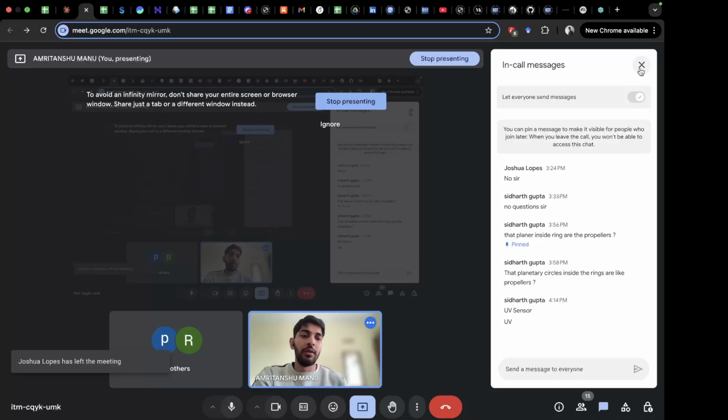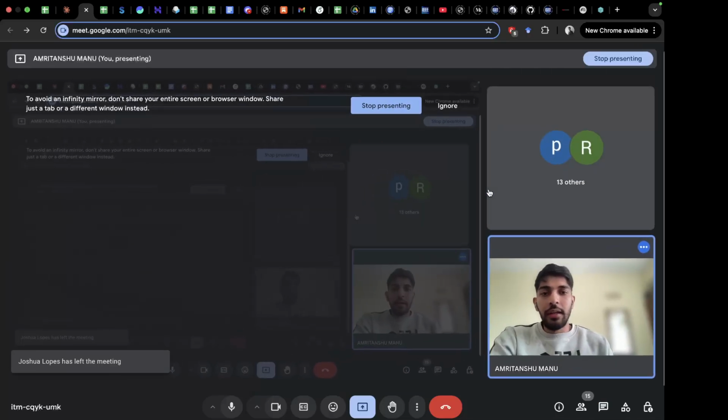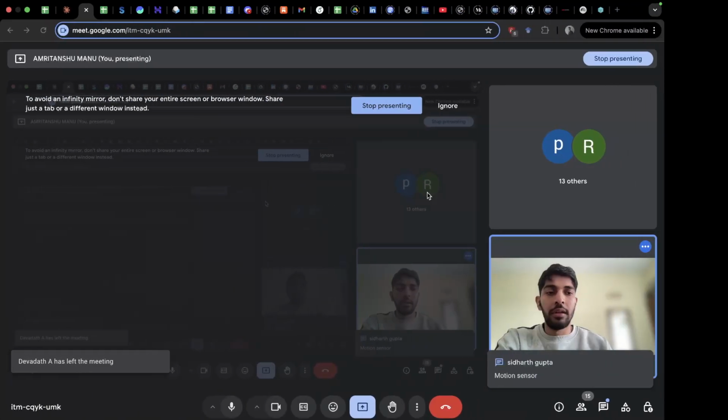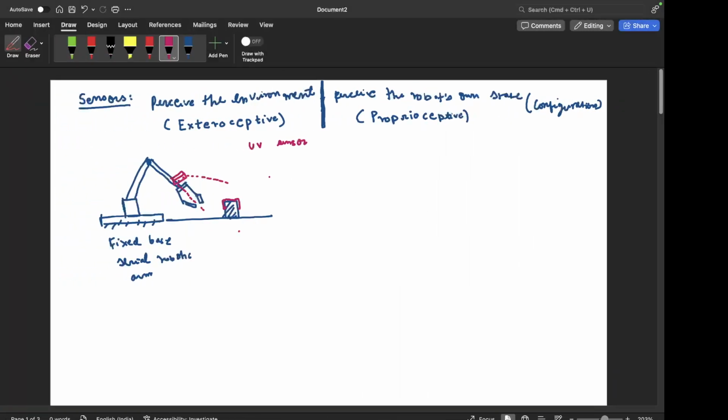Oh, UV sensor. Okay. Yeah, that's one good suggestion which might be useful. I will write that down. There are much better options, but I'll just write that down. Motion sensor. Oh, motion sensor. What do you mean by a motion sensor?